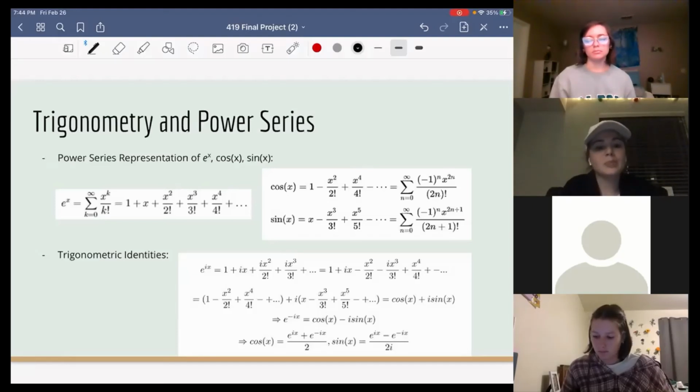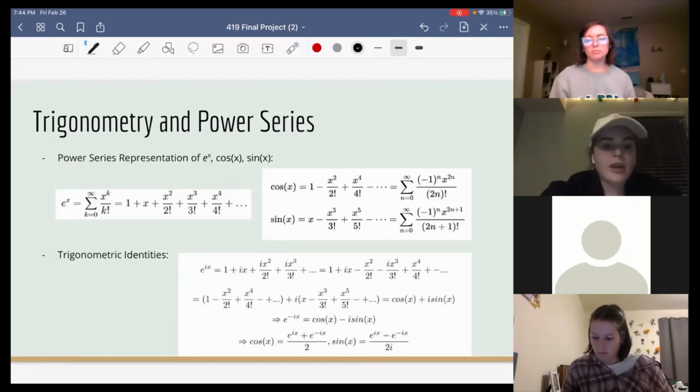Then we can split this sum into two different sums. We have 1 minus x squared over 2 factorial plus x to the 4th over 4 factorial, and then minus, plus, minus, plus, so that is an alternating sum. As you can see listed above, that is the exact definition of the power series representation of cosine of x, so that first term is cosine of x.